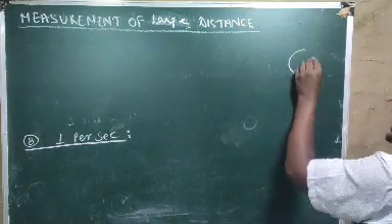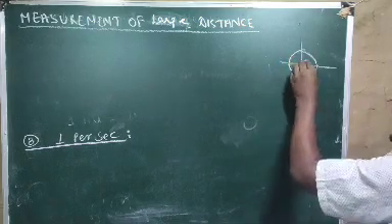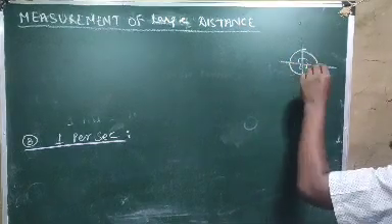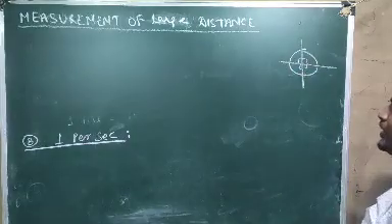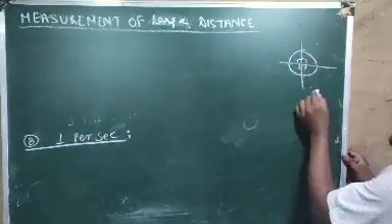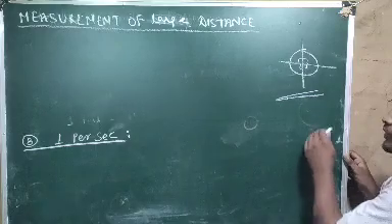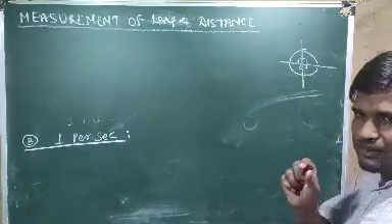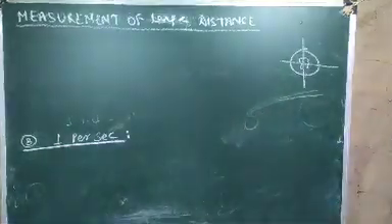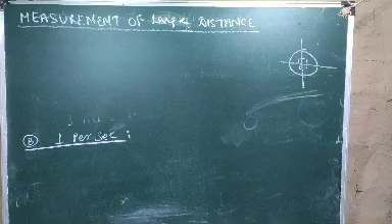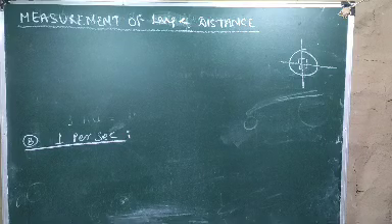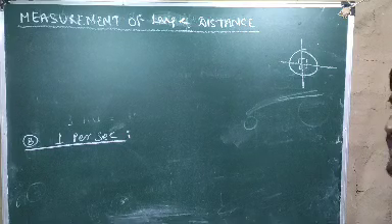In a circle, how many degrees are there? 90 plus 90 plus 90 plus 90, that is equal to 360 degrees. So a 1 degree angle is very, very small. If 1 degree is divided into 60 parts, then each part is called a minute.